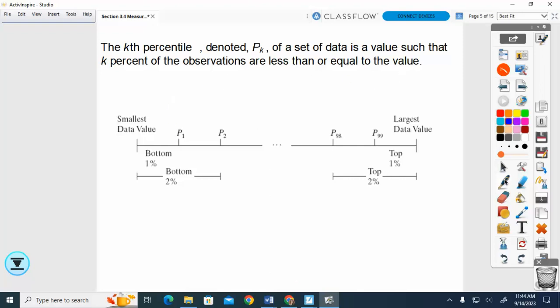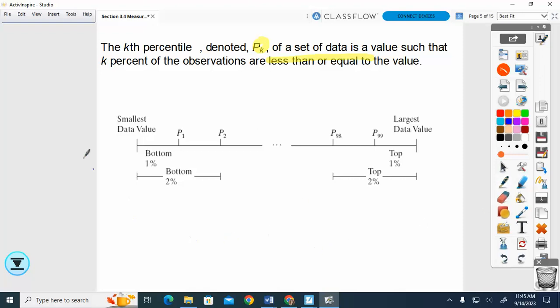So for percentiles, we will use P for percentile and then a subscript k, and that's the value such that k% of the observations are less than or equal to it.